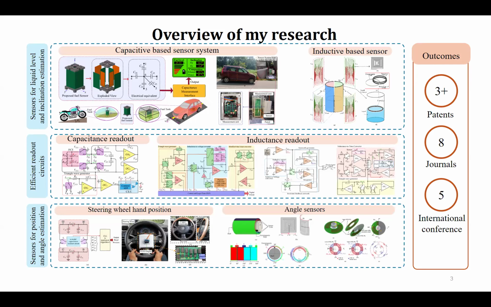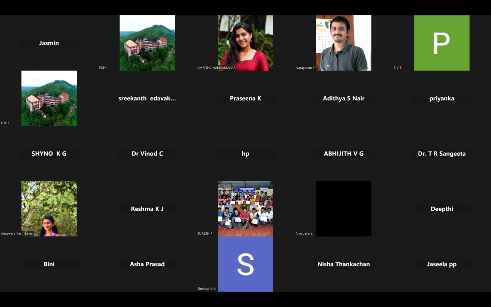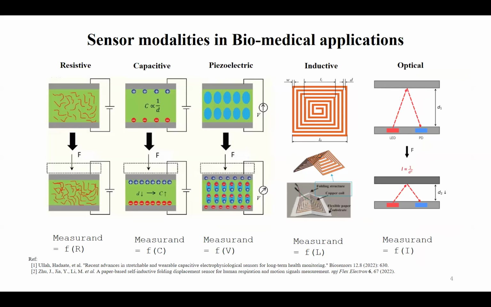Coming to today's session, I will deal with sensor design, mainly for capacitive based sensors, and I'll try to align that with biomedical applications. Let us start with the different sensor modalities which exist in biomedical applications.